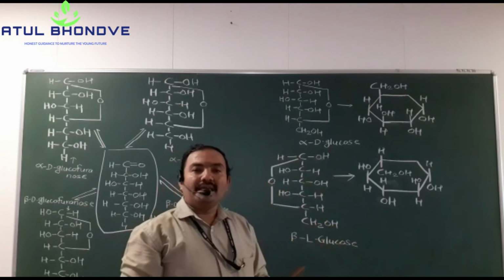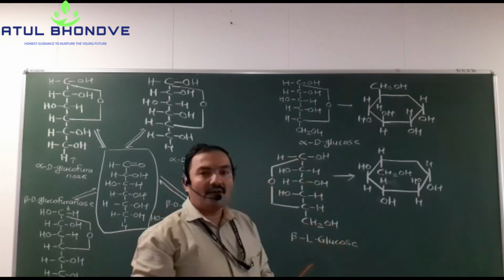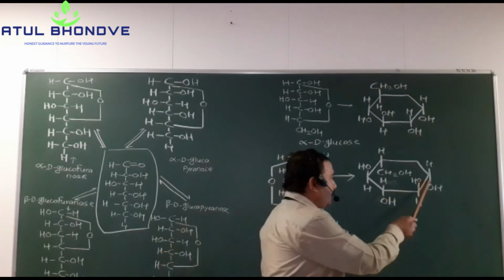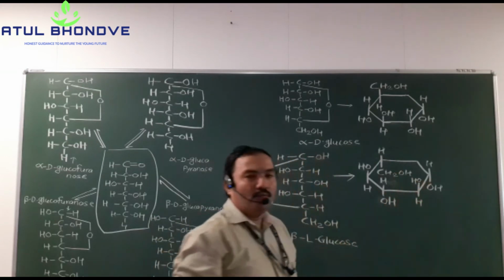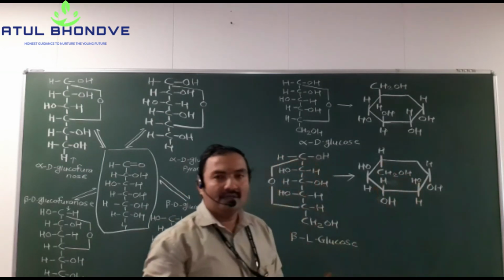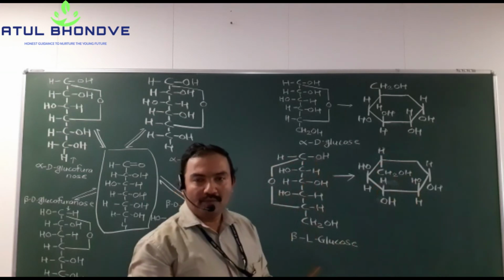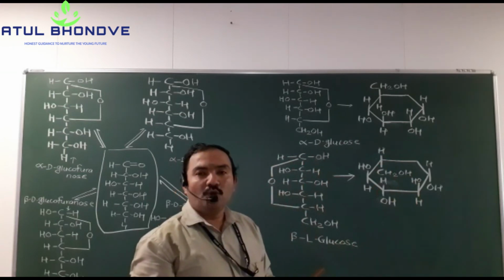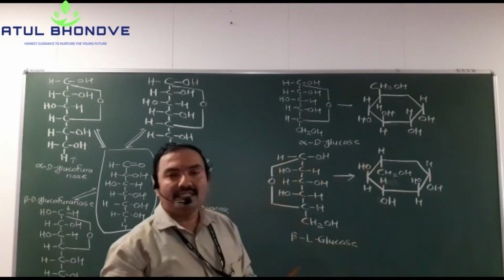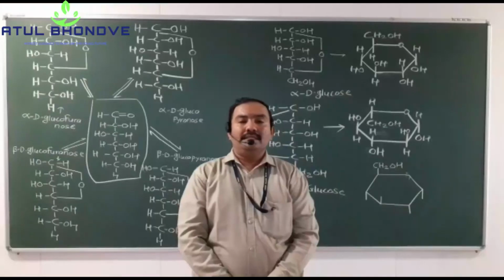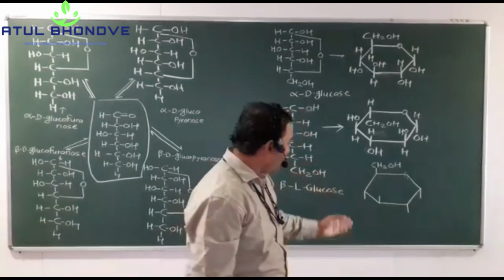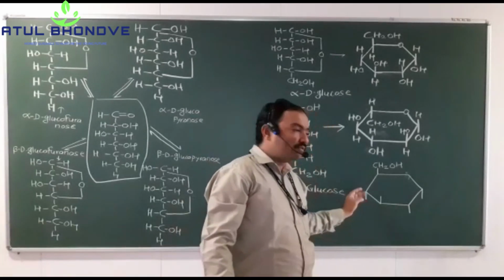The next assumption given by Haworth is that, instead of representing the H and OH, only bold lines represent the presence of the hydroxyl group, and the CH2OH, that is carbon number 6, is also represented in the ring form. Further modification was made by Haworth in his ring formation, and the structure is represented in front of you.